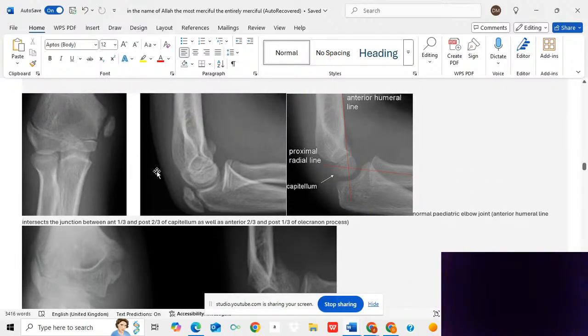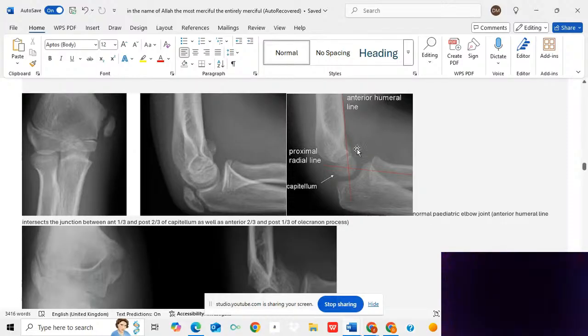Now let's talk about the pediatric elbow. The pediatric elbow fracture. Okay. So in pediatric elbow, we depend on two signs. The first one is the anterior fat pad sign, but sometimes it can be masked.